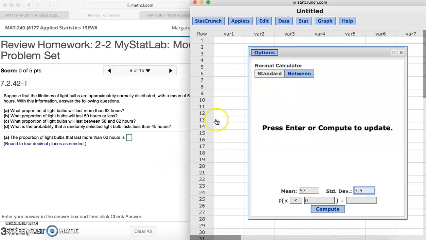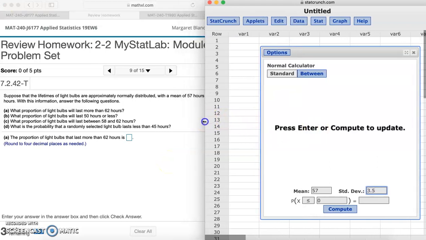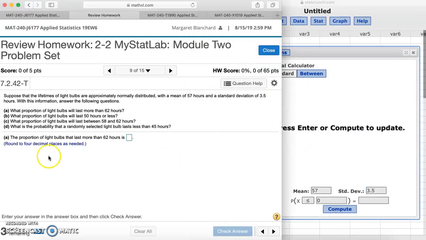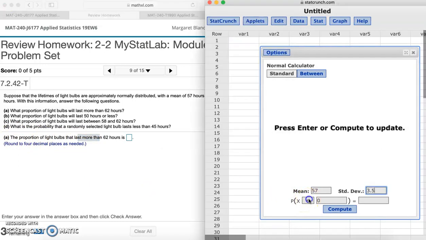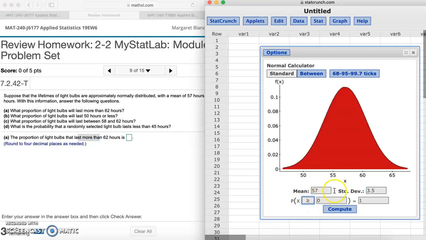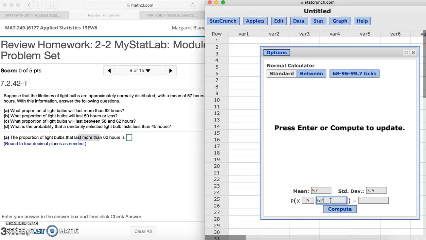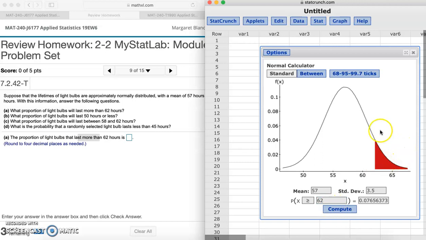And then we're just going to go through all the parts, and I'll show you how to do them in StatCrunch. So again, part A, the proportion of light bulbs that last more than, so that means that we need to switch that to greater than, and it's 62. Compute. So see here, I changed our graph. Instead of being centered at 0, it's centered at 57.